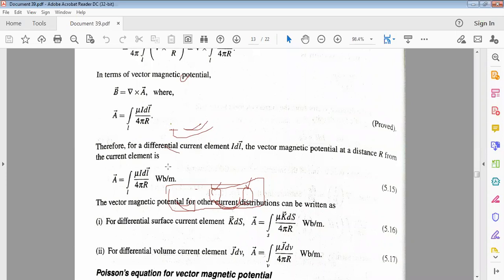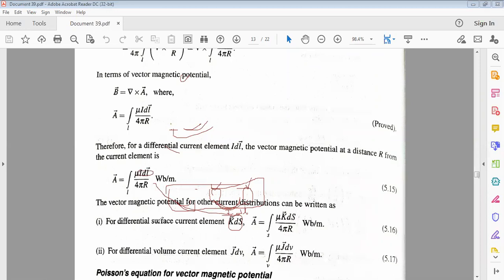So the vector magnetic potential for the current distributions can be written for surface and volume also. See here, this is only for the line. When we consider the differential surface current element KDS, then A equal to surface integral of mu into KDS, whereas with the differential current element IDL, the expression is mu into IDL by 4 phi r.